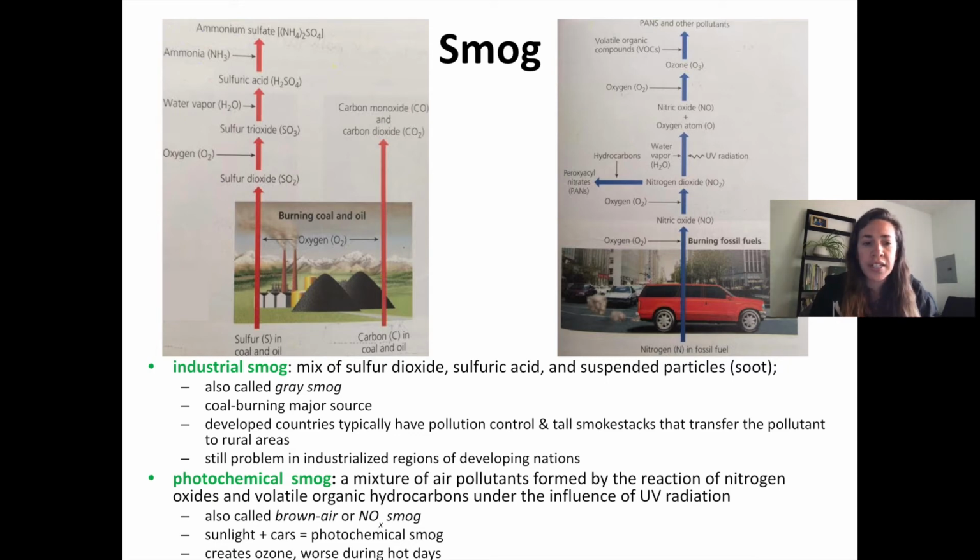And we're usually going to see these over cities. They tend to be worse during hot days because we have higher UV radiation during those days. If you go to LA, if you go to New York, even over our urban area, you'll see these smog days where this sort of haze sits over the city, and it's associated with photochemical smog.